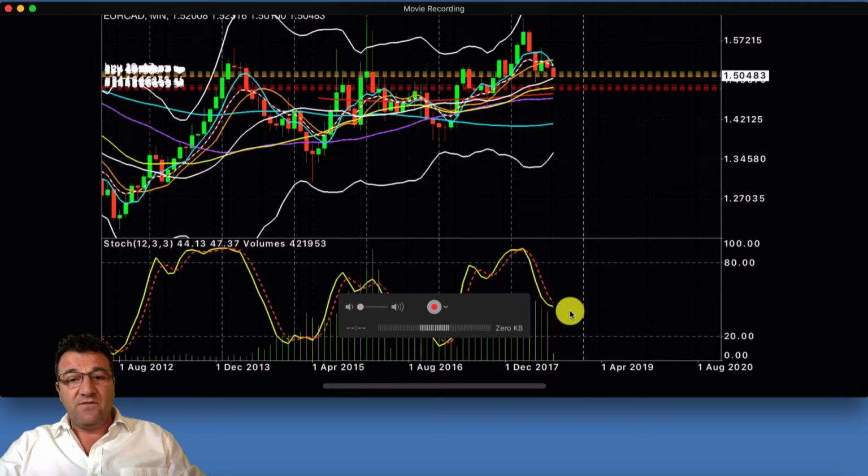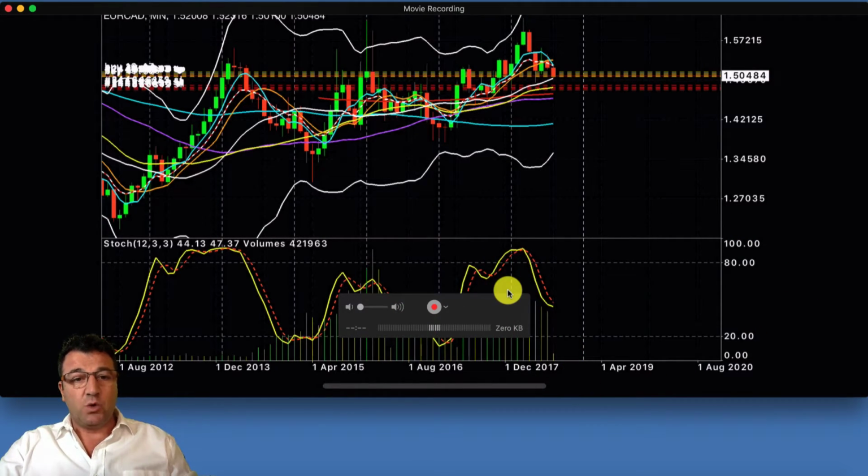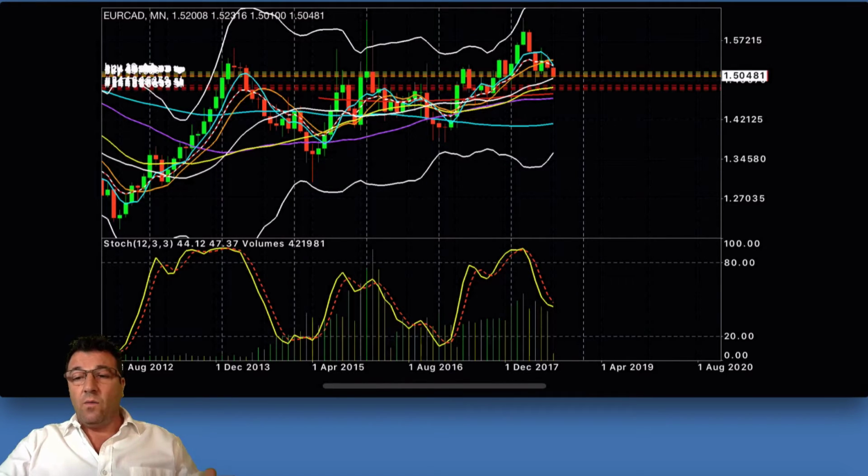Okay. Now, this is a very nice indicator at the bottom of the screen. It's called the Stochastic, and it basically tells you what the sentiment is for that currency at the minute.